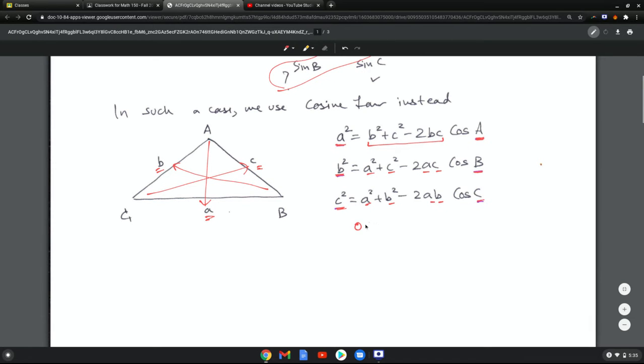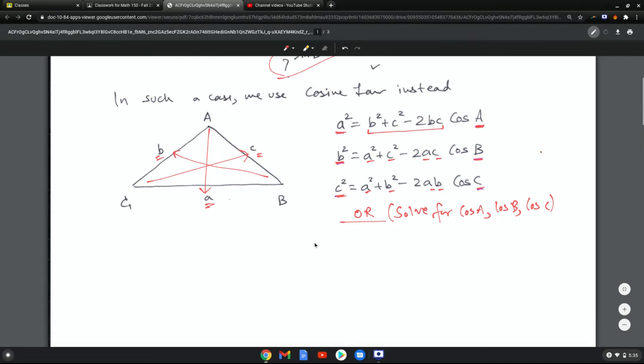Now this can also be written, what you can do is, this is what we did in week 1, you can solve for cosine A, cosine B, cosine C if you want to find the angles. So in the first one, cosine A is going to equal a squared minus b squared minus c squared over negative 2bc.